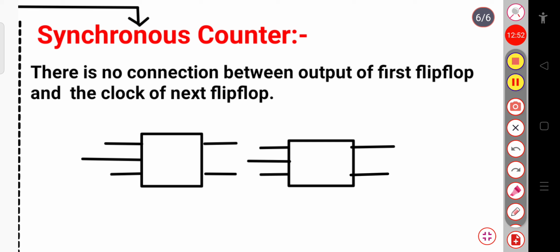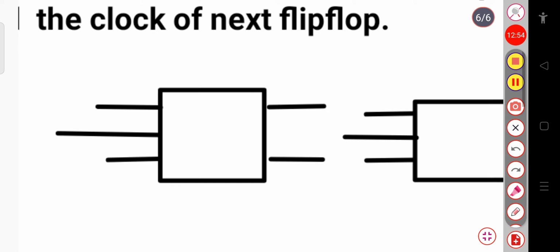For the first flip-flop, this is JA, this is KA, these are the inputs, and here the output is QA, and this is QA bar.